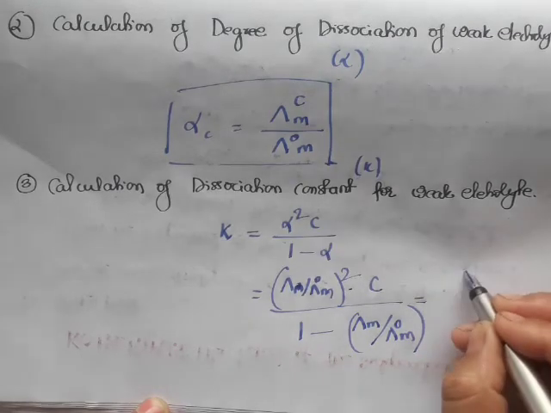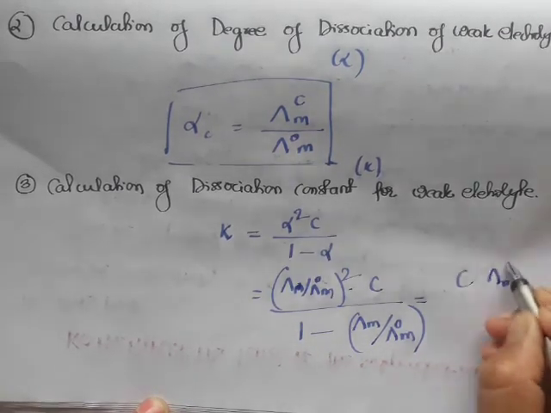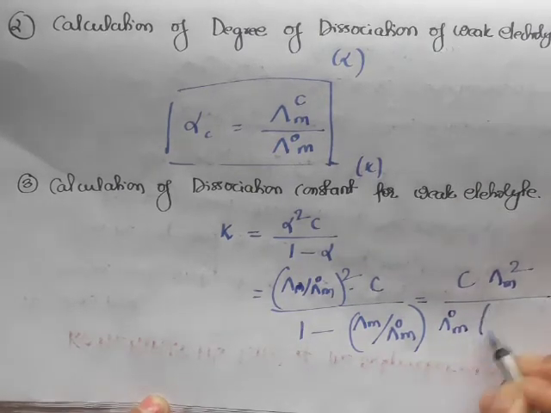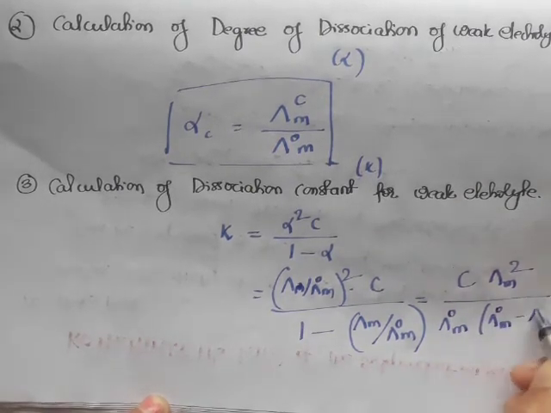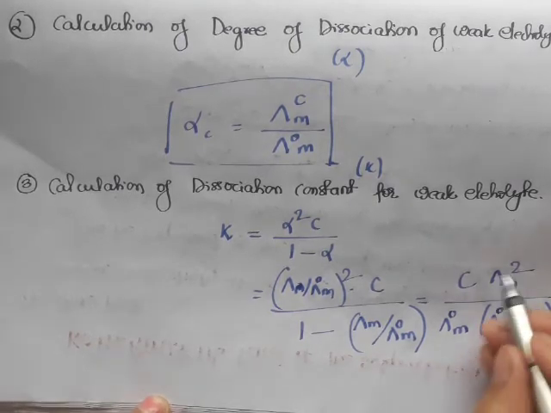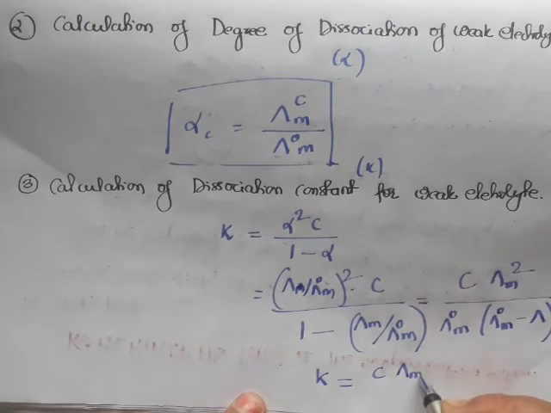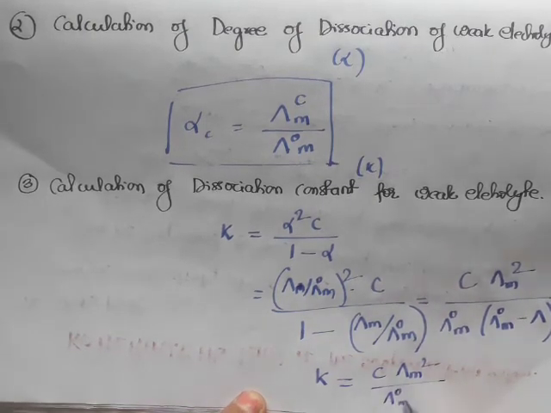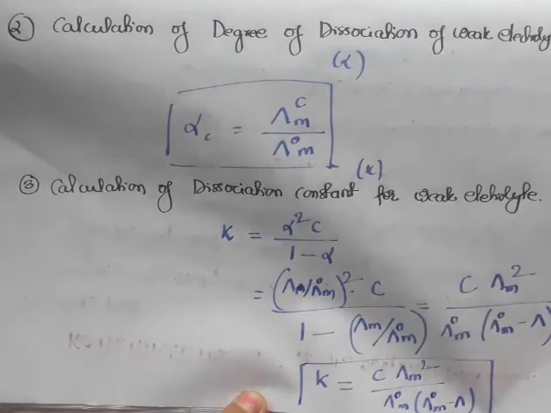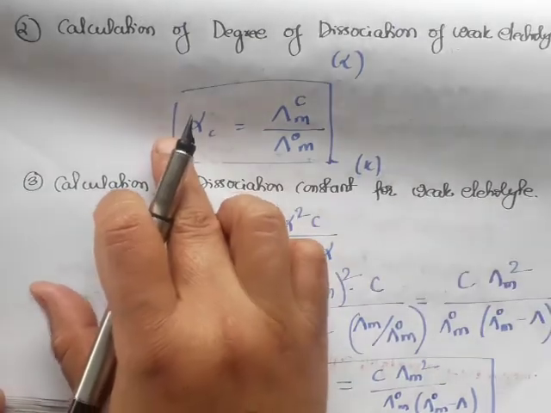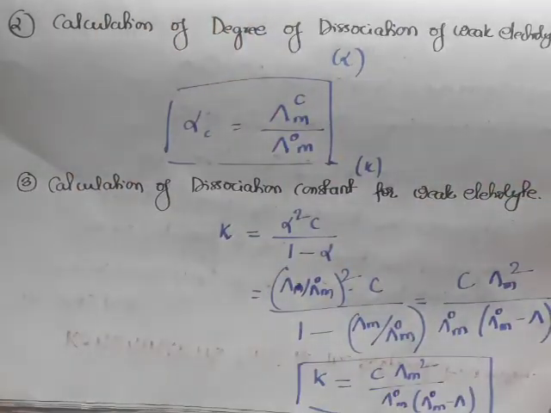Finally we will get c lambda m square divided by lambda naught m into lambda naught m minus lambda m. So if we have the value of this, we can calculate the dissociation constant, degree of dissociation and limiting molar conductivity for a weak electrolyte using Kohlrausch's law.